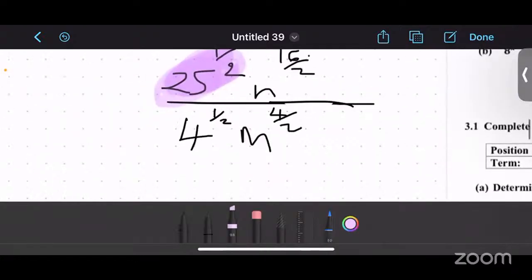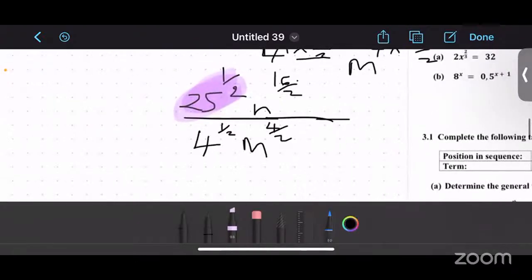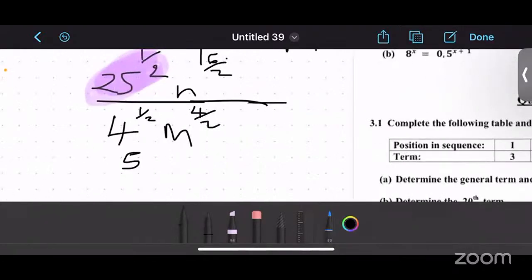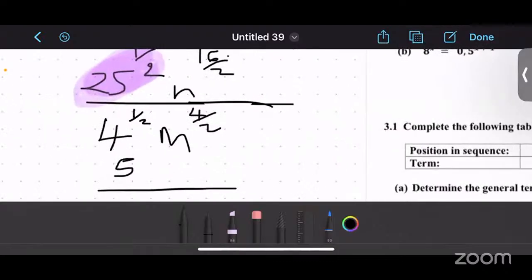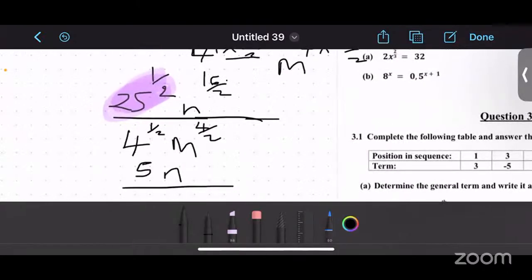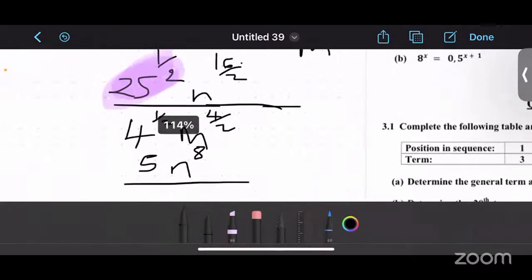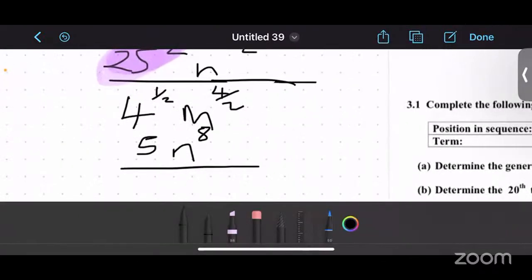So 25 to the power of 1 over 2 is equal to 5. And n to the power of 16 divided by 2 is n to the power of 8. And 4 to the power of 1 over 2 is 2.